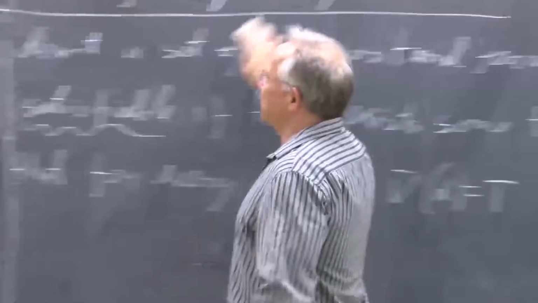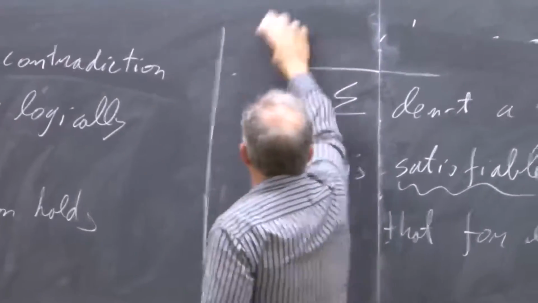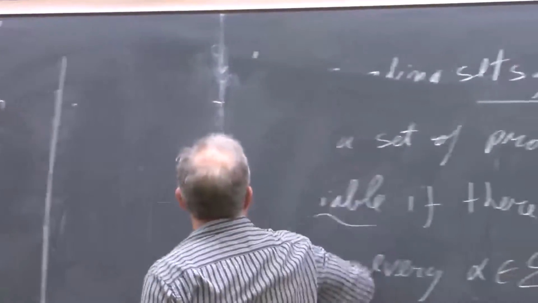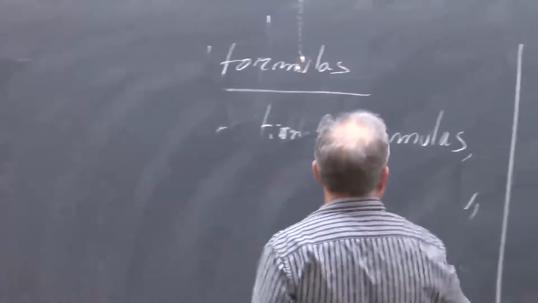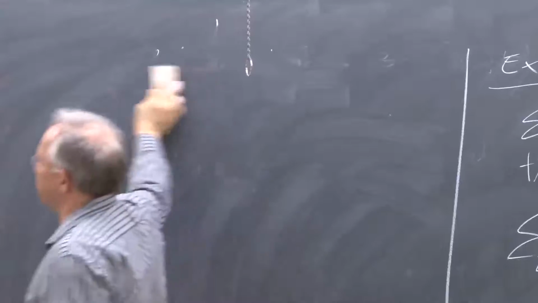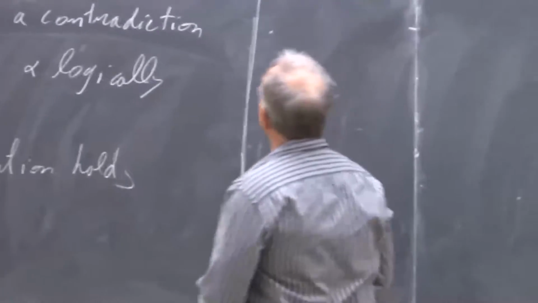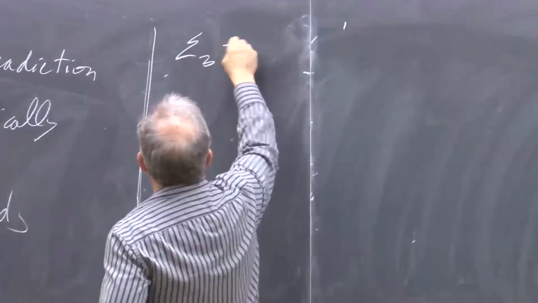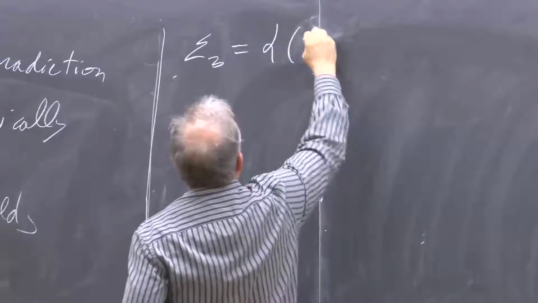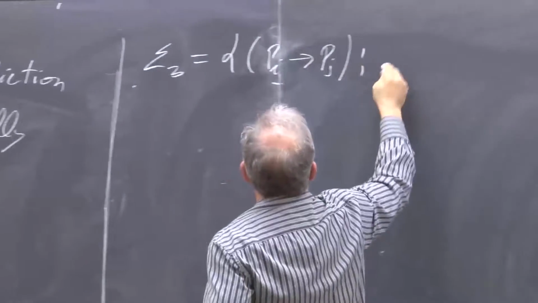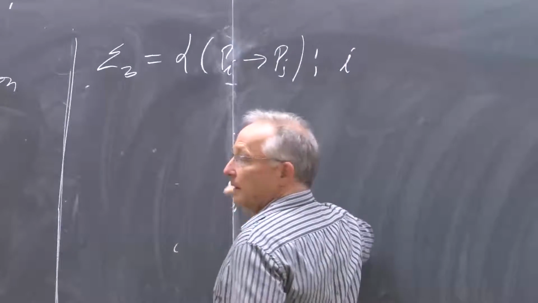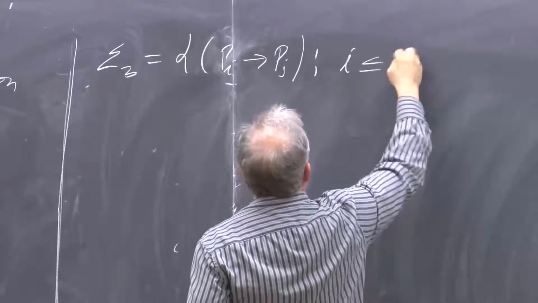So let us look at sigma 3, which will be the set of all pi arrow pj such that i is less or equal j.